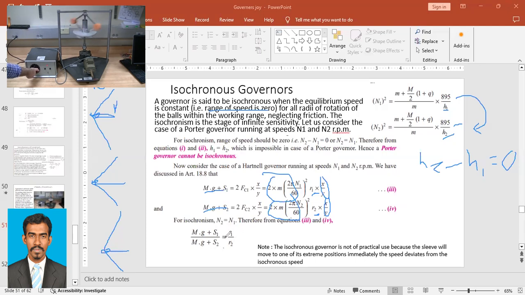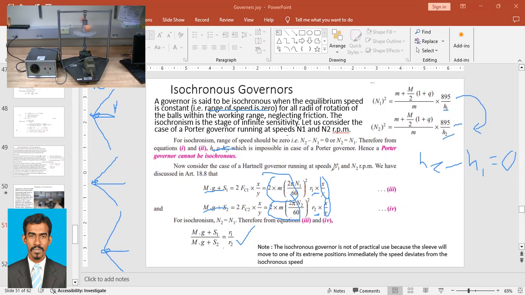Similarly, r1 and r2 are two different radii. So this condition can be true. But for the Porter governor this condition cannot be true, because for different speeds we can't have a single height.